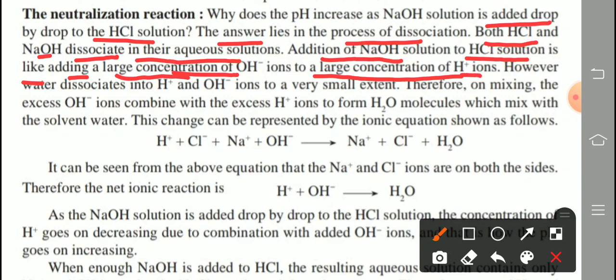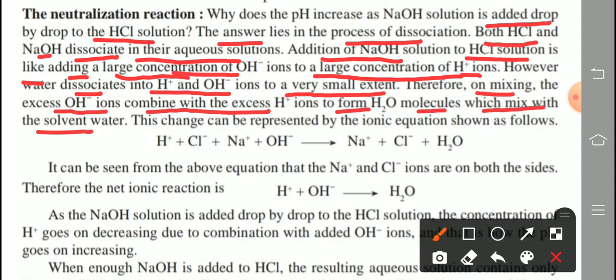However, water dissociates into H⁺ and OH⁻ ions to a very small extent. Therefore, on mixing, the excess OH⁻ ions combine with excess H⁺ ions to form H2O molecules, which mix with the solvent water. This change can be represented by the ionic equation.